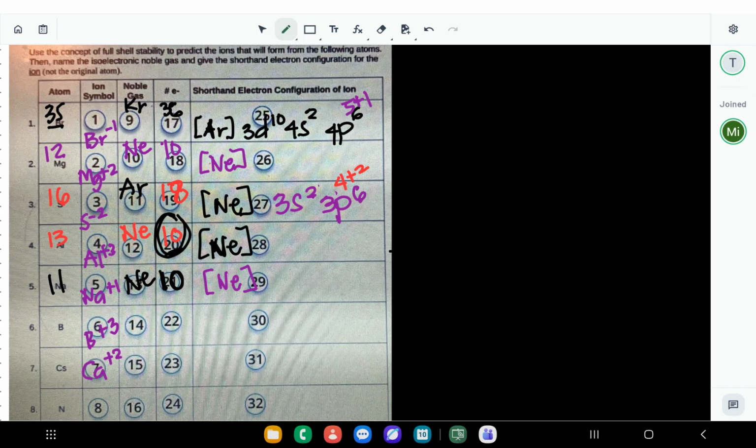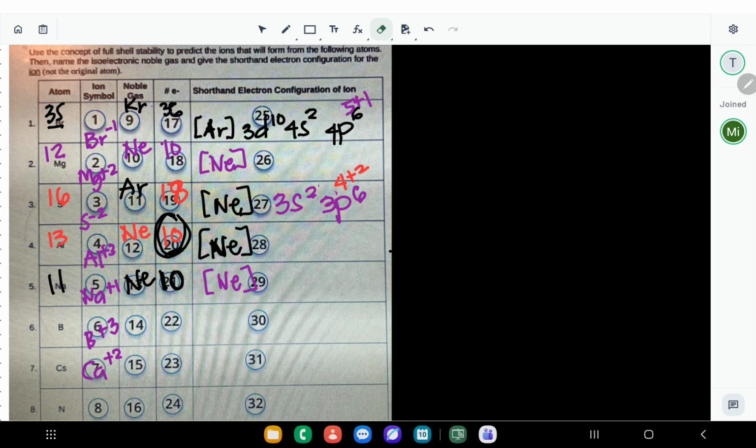So +1. Okay, hold on. So neon, and then we have 1 for sodium: 1s2, 2s2, 2p6, 3s1, right? So here we will only have 3s1. No, we subtract 1 because sodium has, so this is also equal to neon.